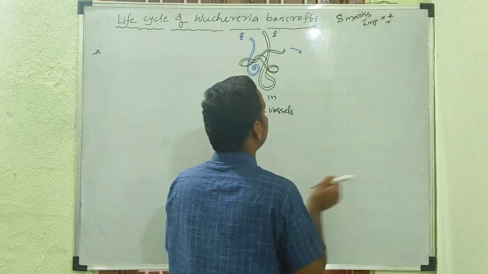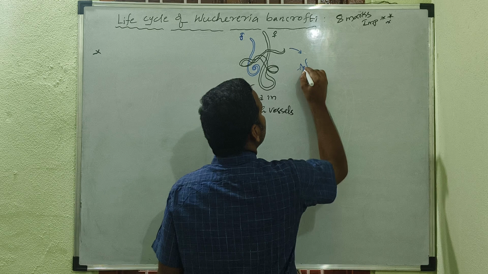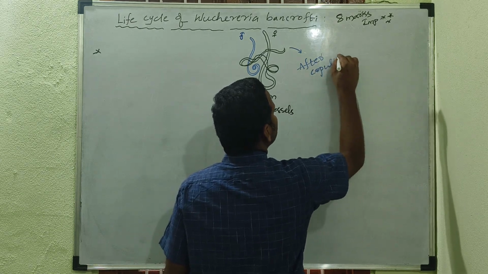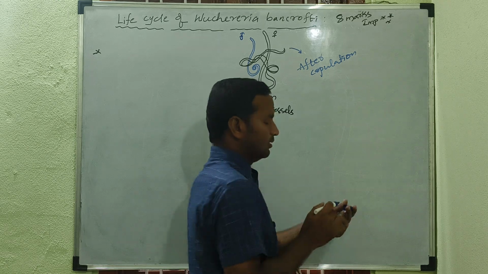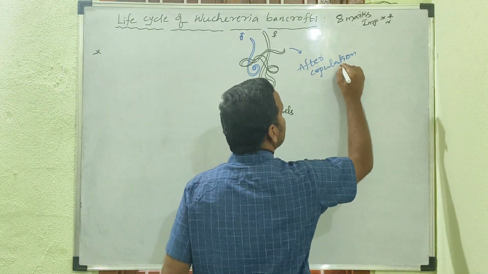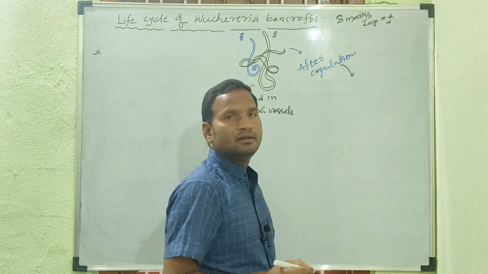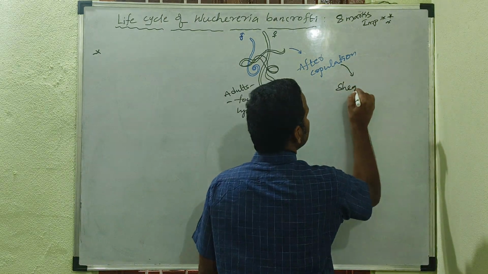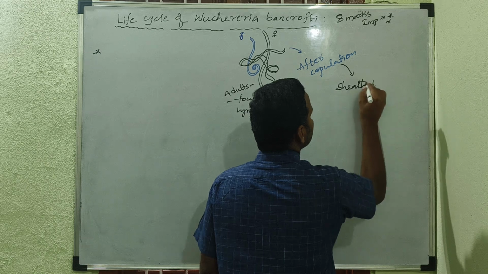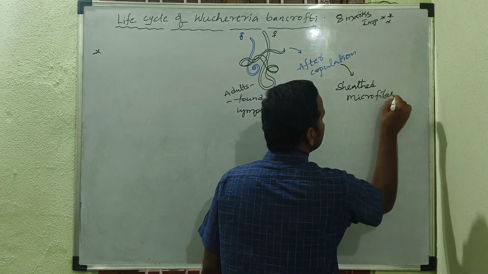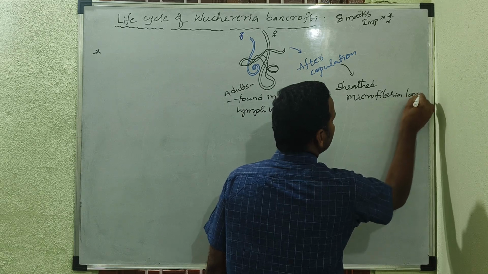Now come to the point. After copulation, the female organism releases the sheathed microfilaria larva. See, this is the sheathed microfilaria larva.